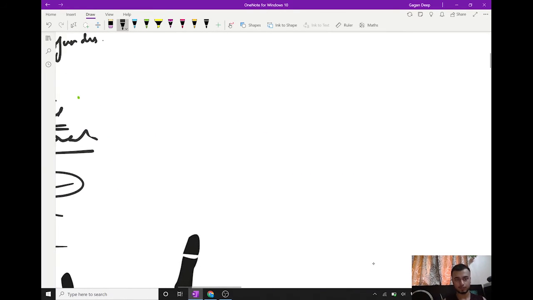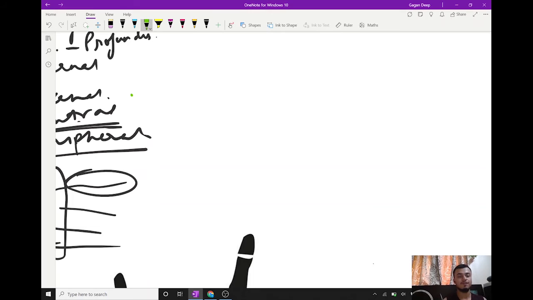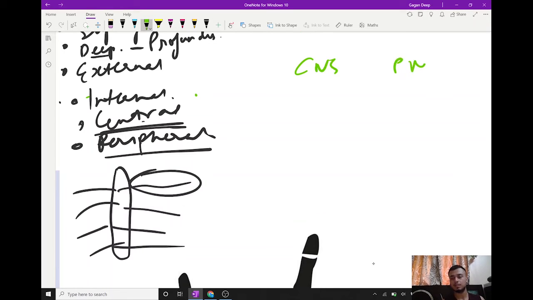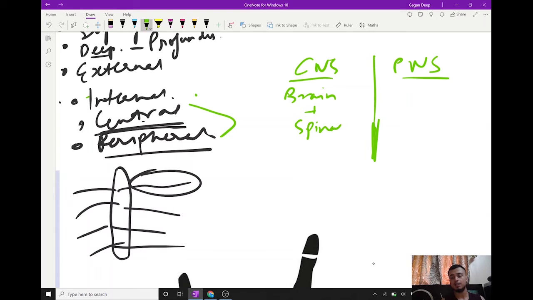These two terms are also used to classify our nervous system. Our nervous system is basically classified into two major divisions, CNS and PNS. I know this is out of concept right now, but it'll make things easier. The central nervous system consists of brain plus spinal cord, and anything which is outside brain plus spinal cord, the nerves, comes under the peripheral nervous system.